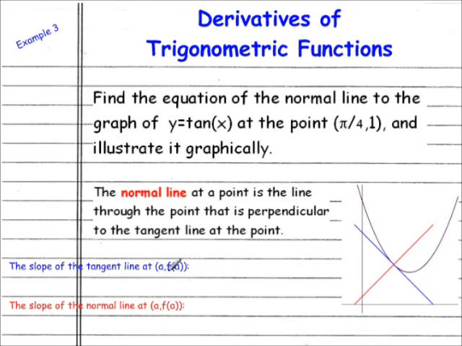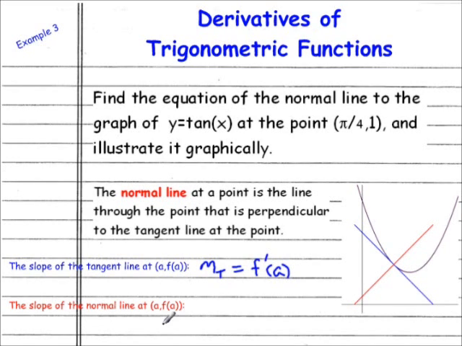So let's assume we're talking about a function f. The slope of the tangent line at a point a comma f of a, and let me refer to the tangent line slope with m sub t, is calculated by calculating the derivative of the function and then evaluating it at a.